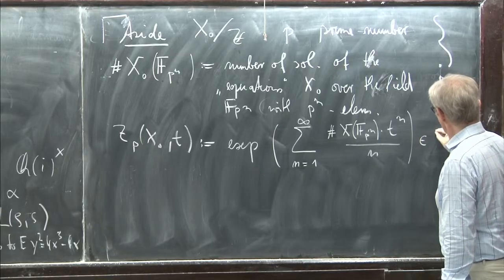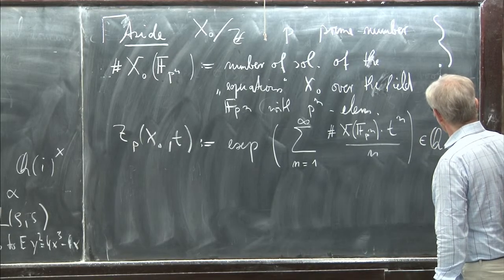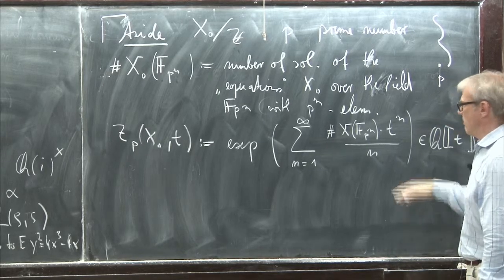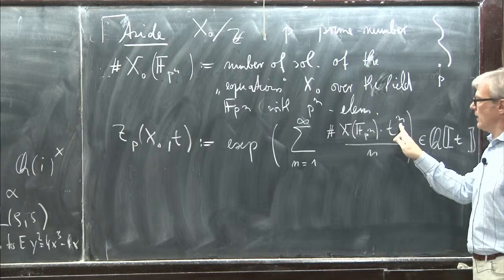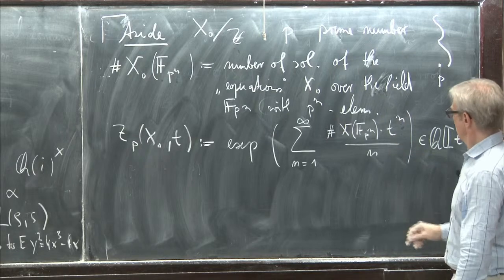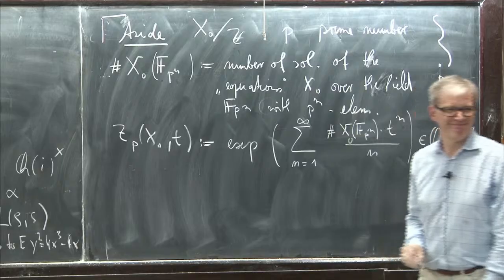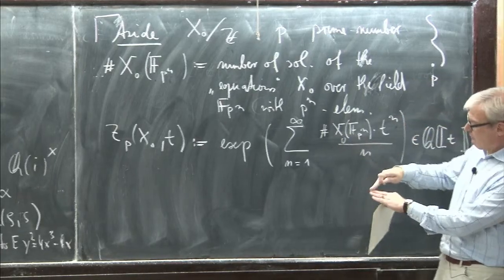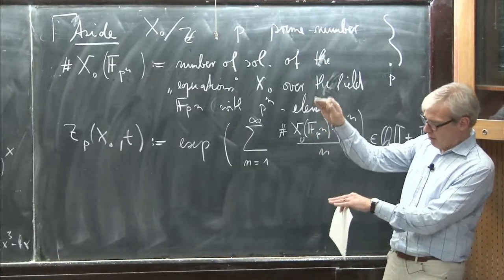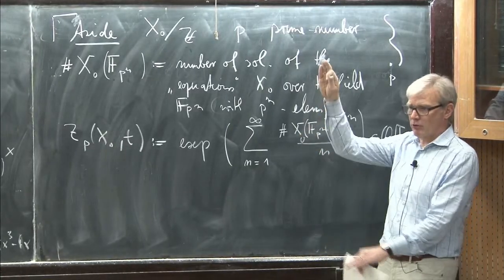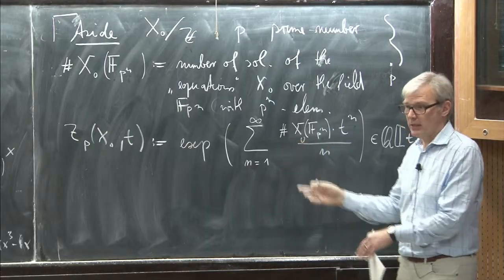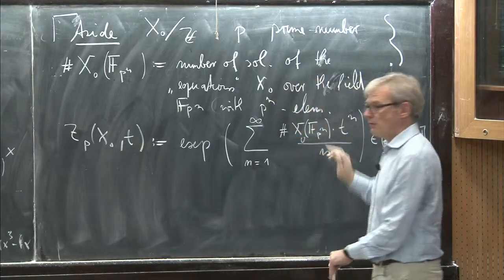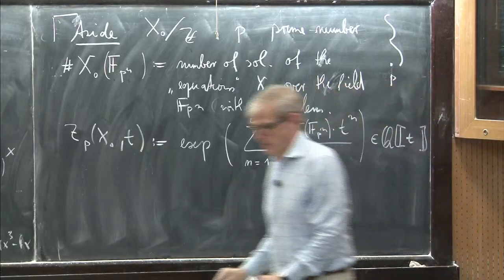This turns out to be a power series with rational coefficients in T. T is just a dummy parameter, giving the generating series. If we allow more and more elements in our field, then we get more and more solutions, and we record them here. So this generating series knows everything about these solutions, no doubt.